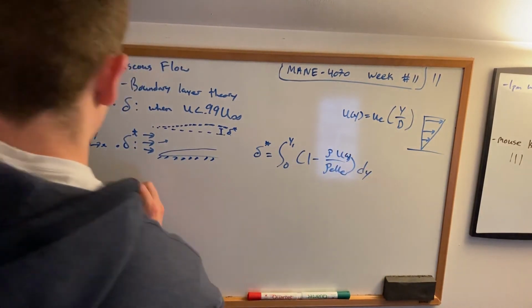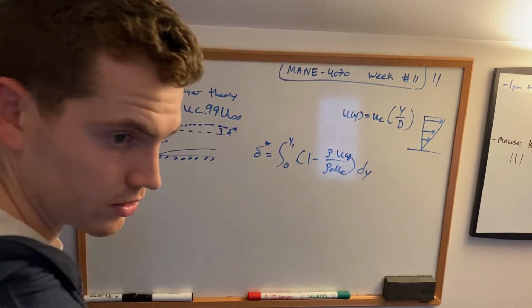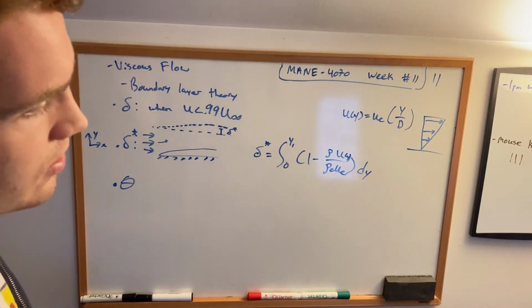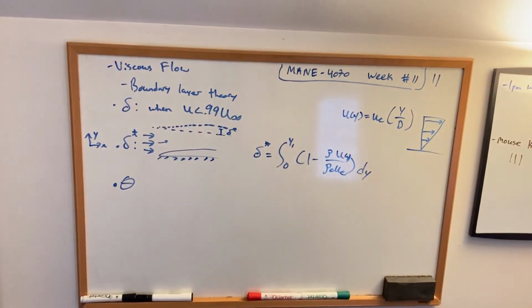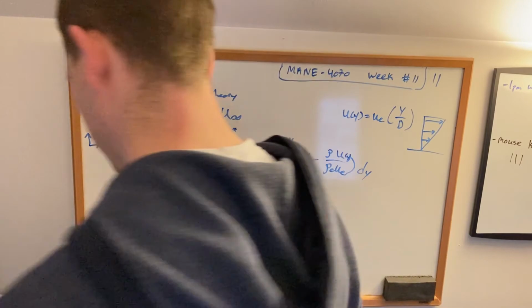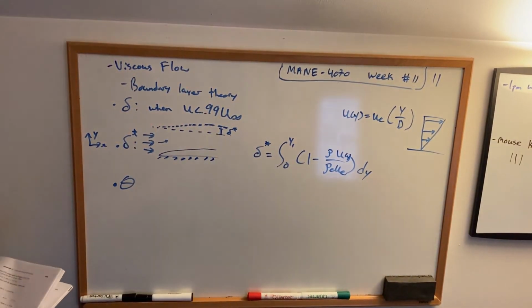And then we have another definition of boundary layer, which I believe was just given as theta, the momentum boundary layer thickness. I'll cite Anderson for this. Theta is a measure of the decrease in momentum of the flow due to the presence of a boundary layer.